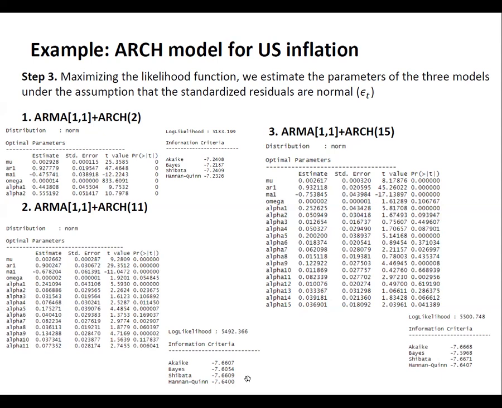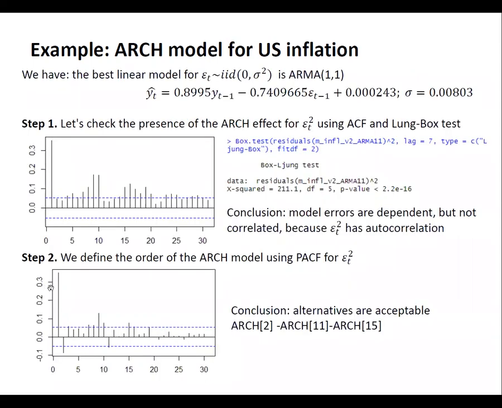So look at the change in the parameter estimates. Here AR1, for example, was 0.9, and here it became 0.9, and MA1 became minus 0.67. Let's see what ARMA parameter estimates we had in the previous version of the model: minus 0.89 and minus 0.74.